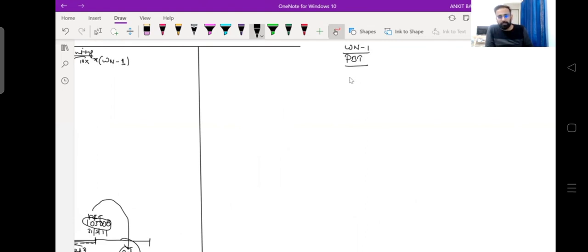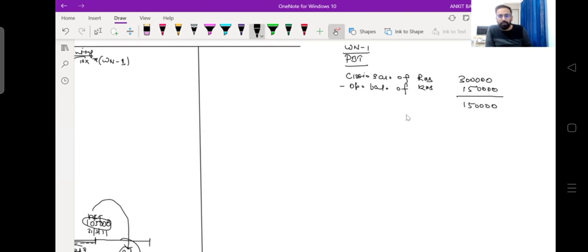Now, the closing balance of reserve is given. The closing balance of reserve is 3 lakh rupees. We will reduce the opening balance of reserve, 1,50,000. The remaining amount is 1,50,000.